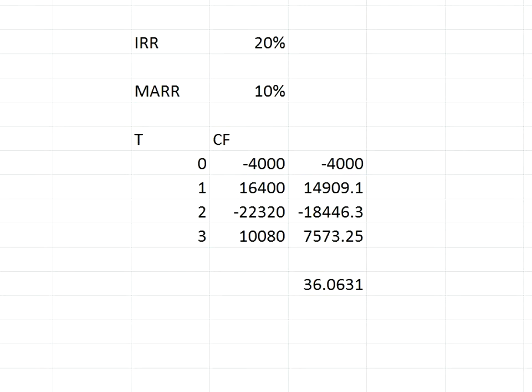We have a first change between the first and the second cash flow from negative to positive, and then we have another change from positive to negative, and finally we have a third change in sign from the second year to the third year cash flows. So given these three changes, we will find three roots, and that would be a problem.